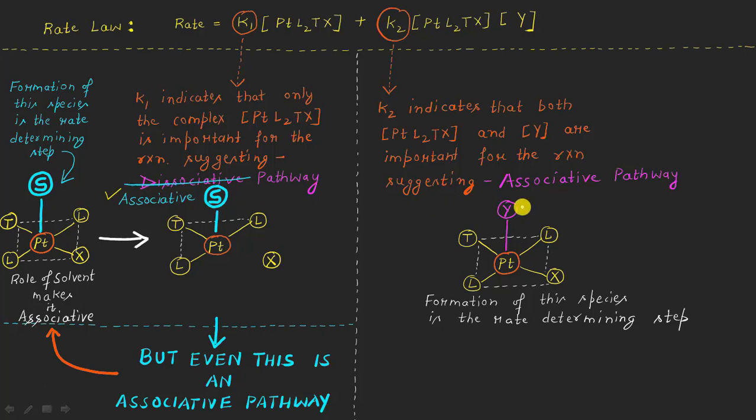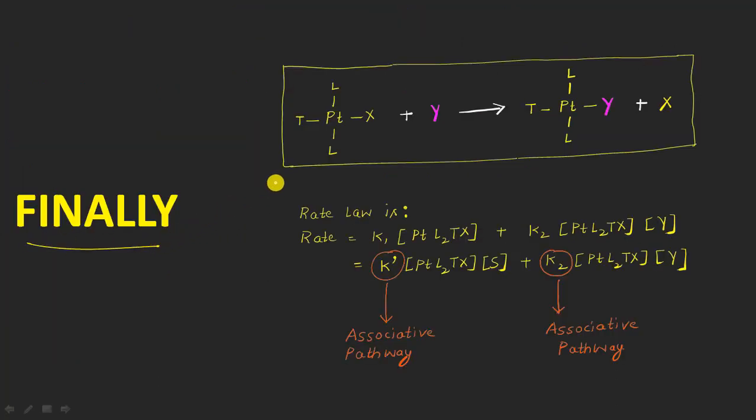In the same way as Y coordinates here, resulting in a five-coordinated species that is the rate determining step, the solvent is associating itself with the starting complex, resulting in a similar five-coordinated species. So both K1 and K2 indicate an associative type of pathway.